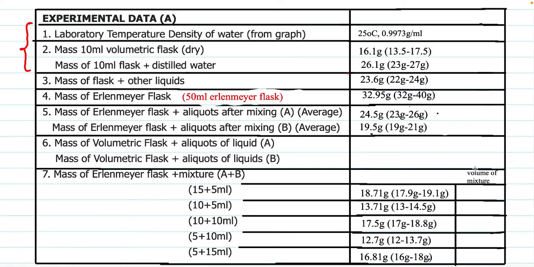Remember I said when you mix both of them together, obviously you're not going to get the same thing, right? Normally if you mix 15 plus 5 it is supposed to give you 20, right? But since these two are different liquids, volume will not be conserved. So we're going to have the expected volume in this case to be 20, while the actual volume will be less than 20.